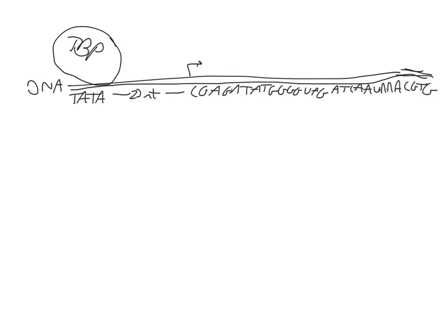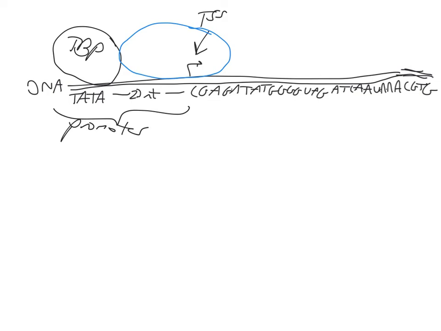So you'd expect in the promoter, which is everything upstream of the transcription start site, there's going to be about 20 to 30 nucleotides upstream of TATA that TBP binds. That's what brings in RNA polymerase. Right? So it physically binds to TATA binding protein, RNA polymerase, and then it starts producing a transcript.